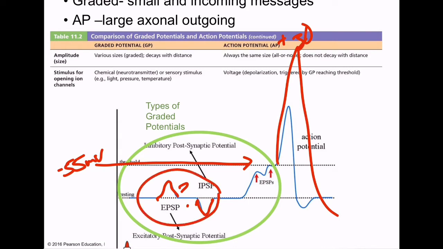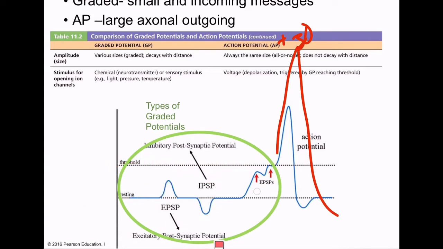Okay, so the question was, what were these? What we found is that these are excitatory and inhibitory postsynaptic potentials. Generally, we talked earlier about how neurons don't usually exist all alone.